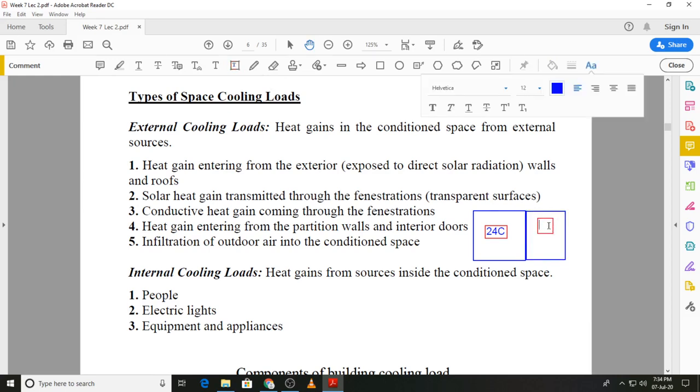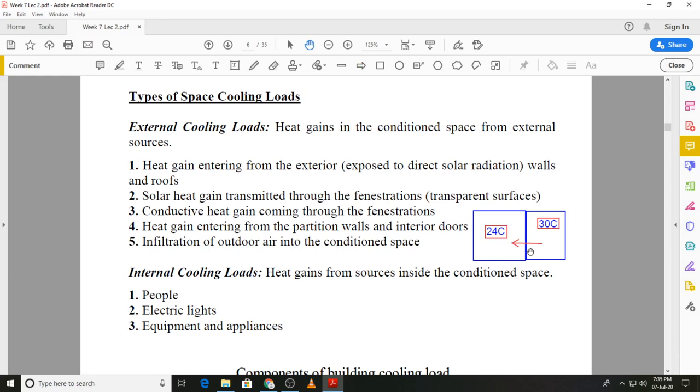Let's say the temperature over here is 30 degrees C. So what will happen, there will be a heat transfer through this wall or partition between the two rooms, and that is what we mean by heat gain entering from partition walls and interior doors.